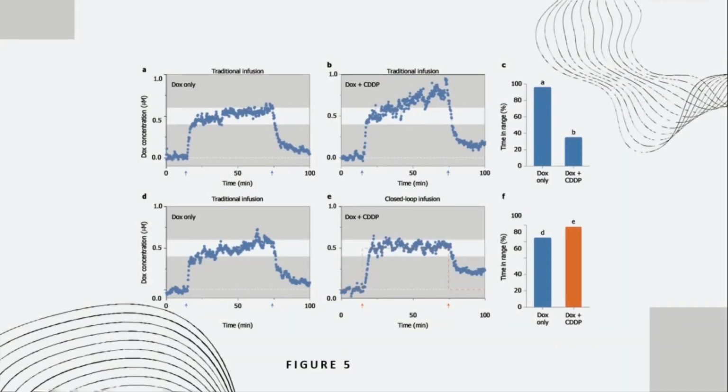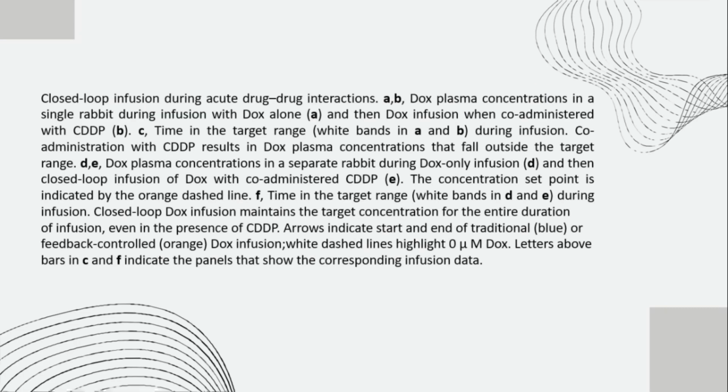Next, as you can see, the result of figure 5: closed-loop infusion during acute drug interaction. A and B, dogs plasma concentration in a single rabbit during infusion with dogs alone (A), and the dogs infusion when co-administered with CDDP (B).